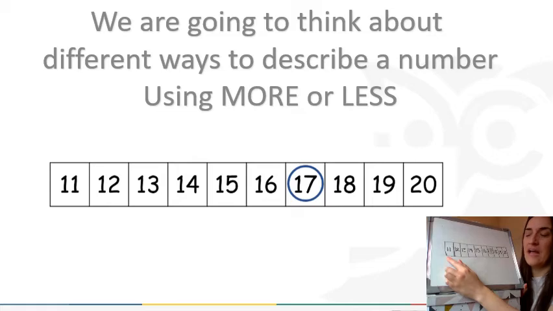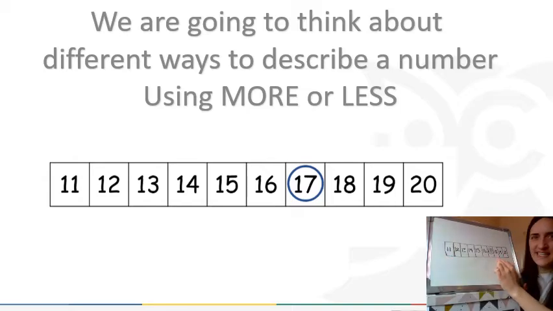Amazing. I'm going to do it super speedy in a squeaky voice. Can you do it with me? Really speedy in a squeaky voice. Let's go. 20, 19, 18, 17, 16, 15, 14, 13, 12, 11.